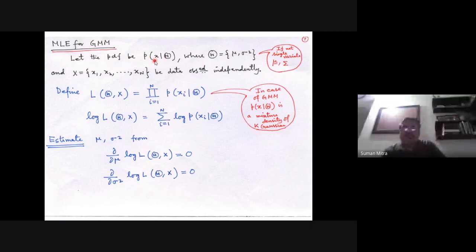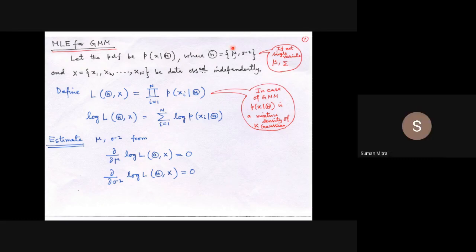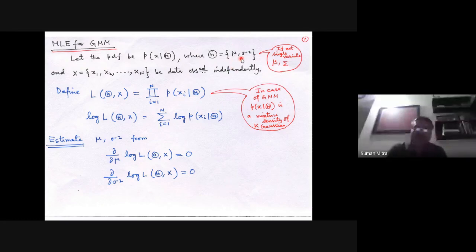In case of GMM, this p of xi given theta will be the summation i equal to 1 to k of wi times p of xi given theta, right? But let us first assume a simple Gaussian, which is mu, sigma square.